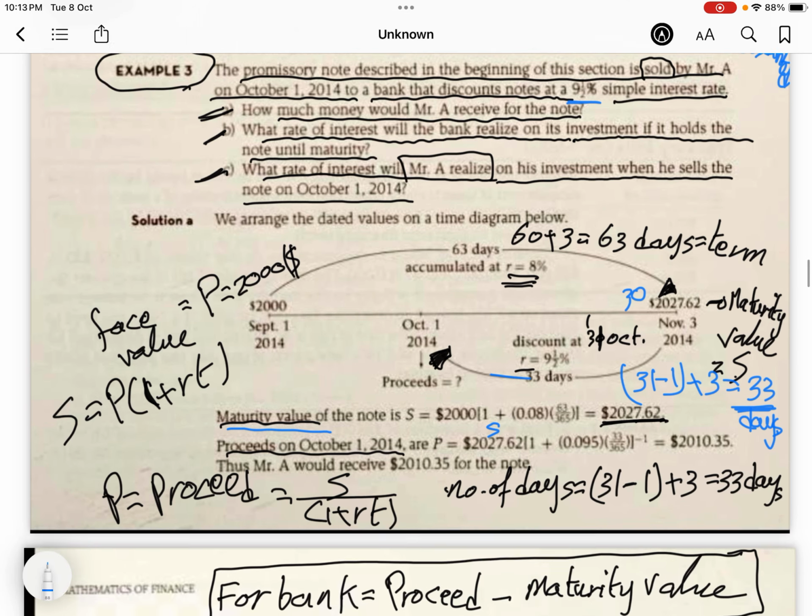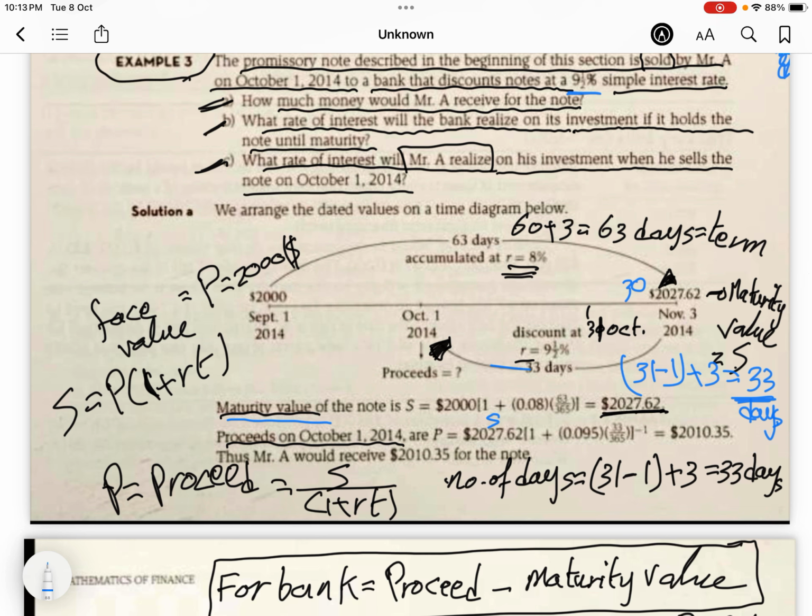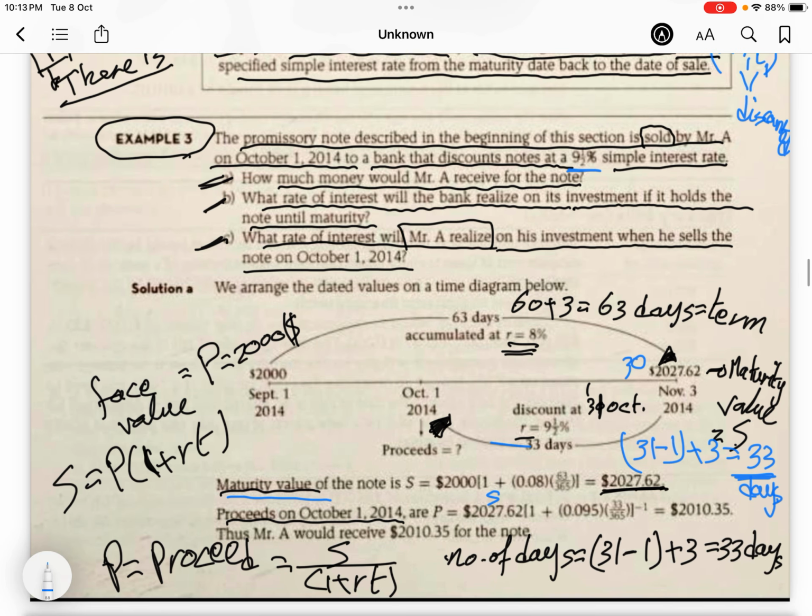Thus, Mr. A would receive 2010.35 for the note.